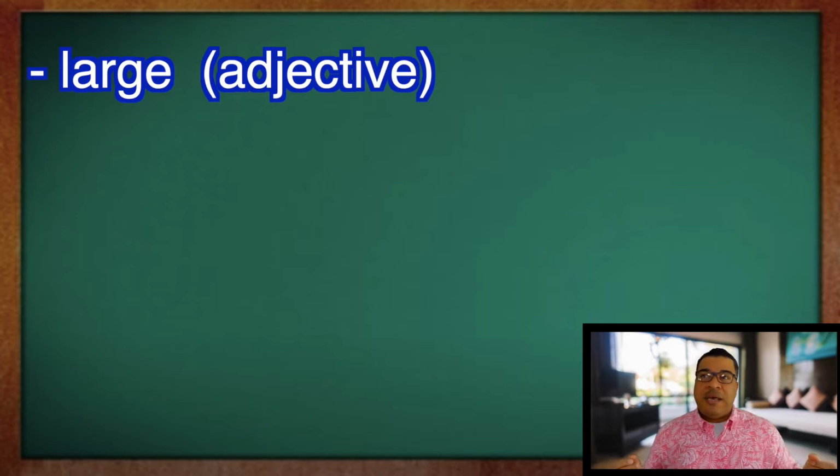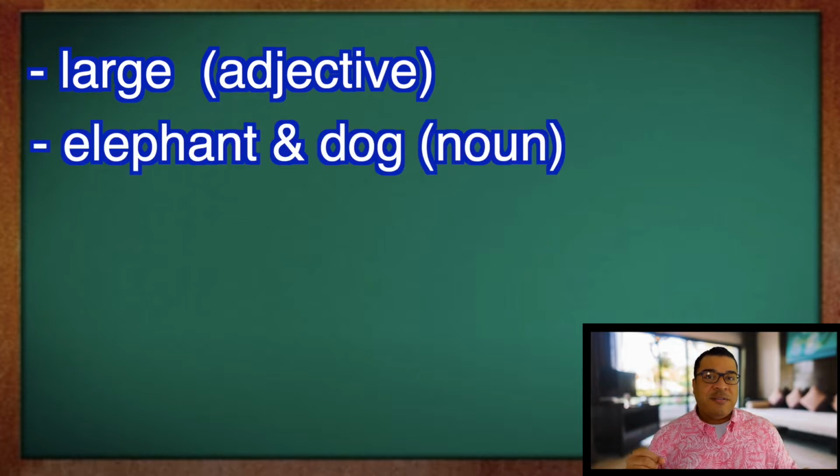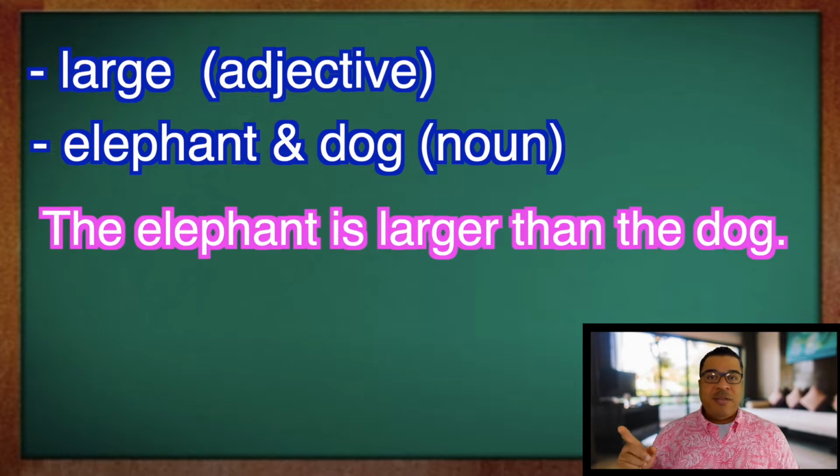Let's take maybe elephant and dog. We're going to compare the size of an elephant and a dog. So we can make a sentence like, the elephant is larger than the dog. So that adjective large is comparing the two animals.